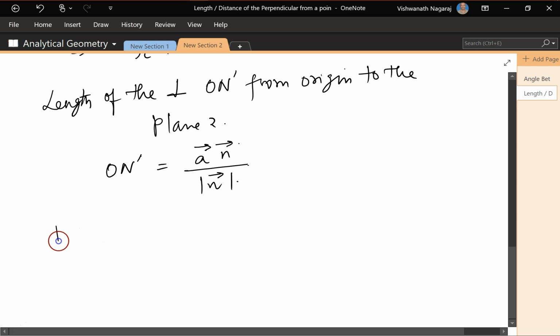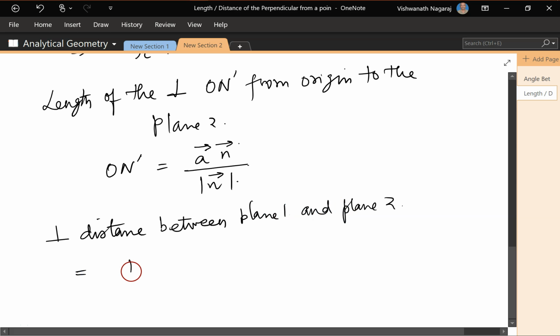So the perpendicular distance between plane 1 and plane 2 is equal to the perpendicular distance of the point A from plane 1.